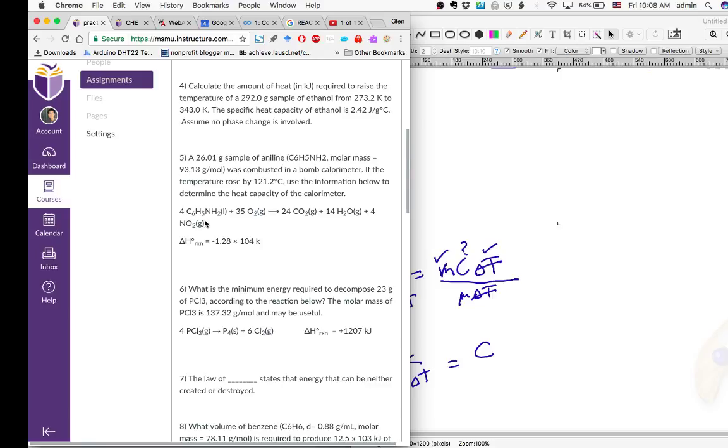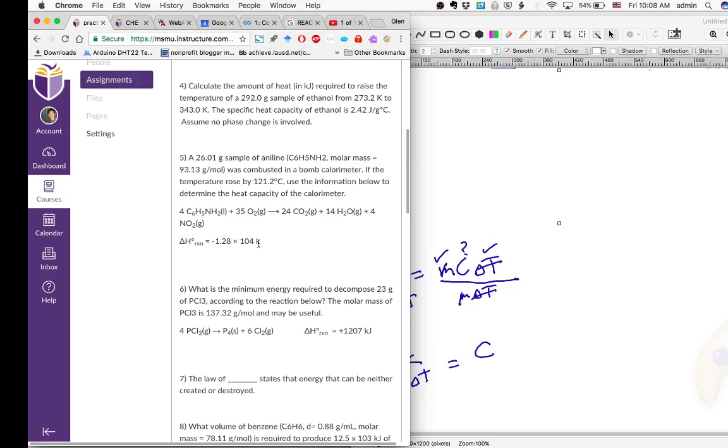But I do not know how many times this reaction is actually happening, right? All it says is that some grams of this stuff right here is combusted in the calorimeter. So how many times is this reaction going? If this reaction just happens once, then yeah, it's negative 1.28 times 10 to the fourth kilojoules.